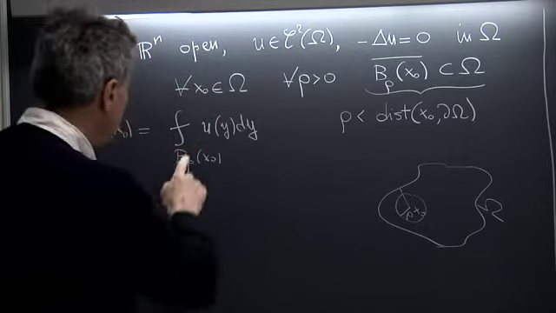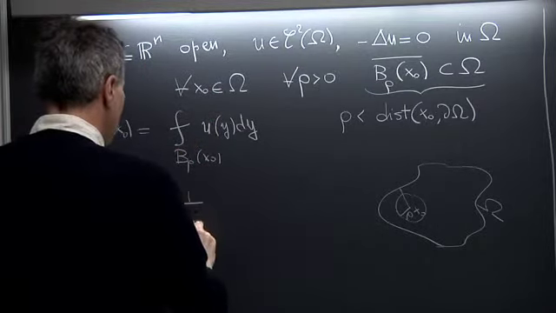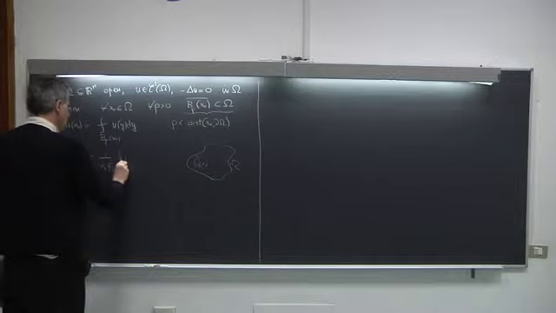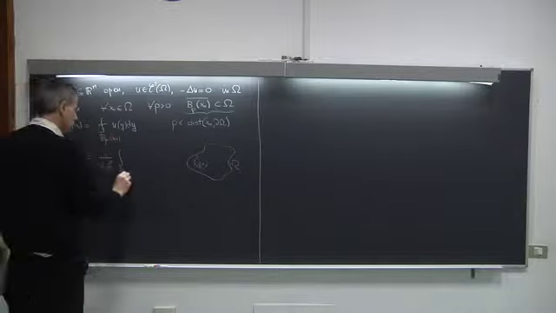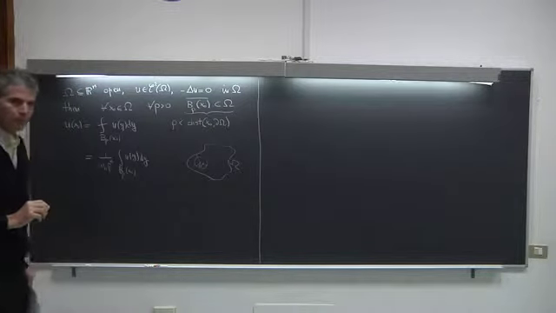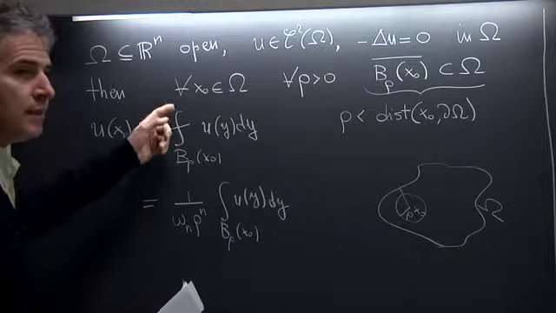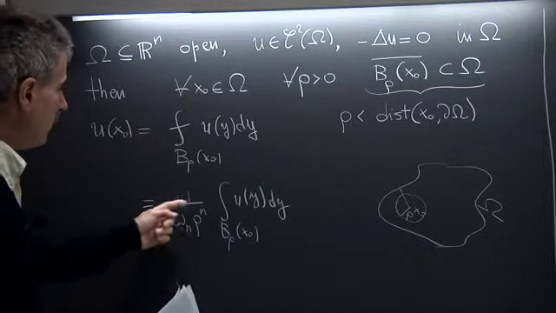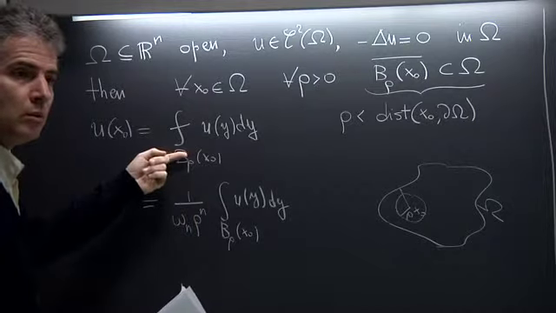If I compute the mean value, this means 1 divided by omega n rho to the n, times the integral. This is a notation. This symbol means that I divide the integral by the volume of the ball.